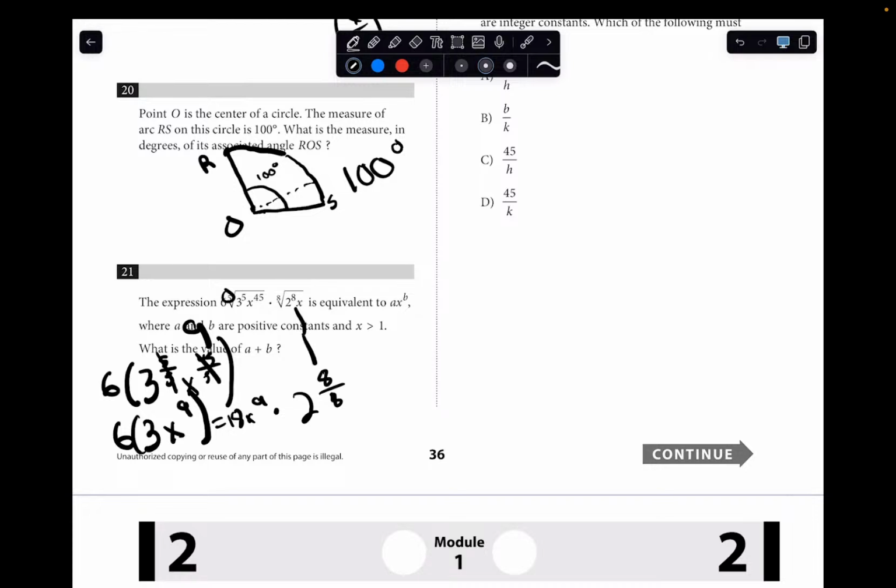I'm just going to go right to it. And then x to the 1/8, right? So this whole thing simplifies out to 18x to the 9th times 2x to the 1/8.